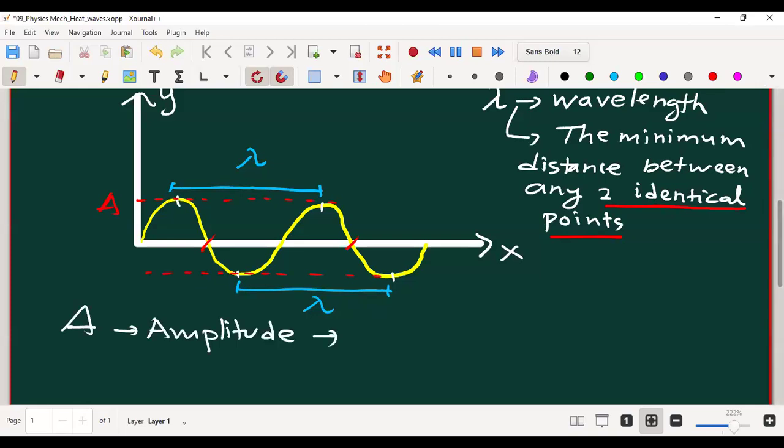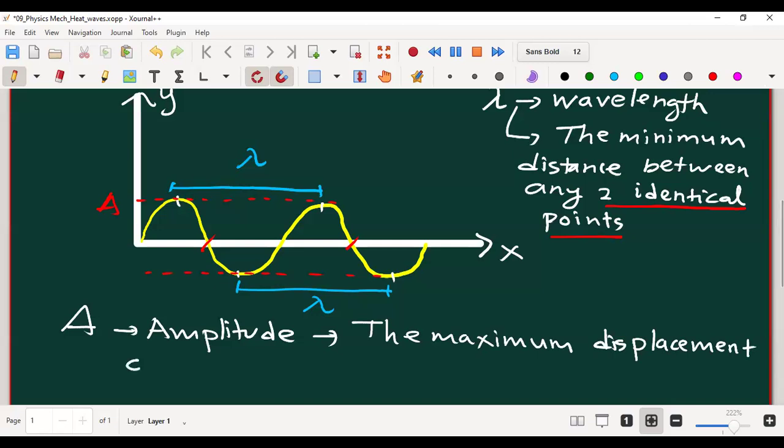The definition of amplitude is the maximum displacement of a particle of the medium.